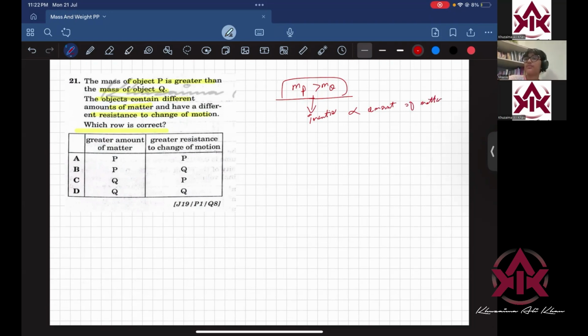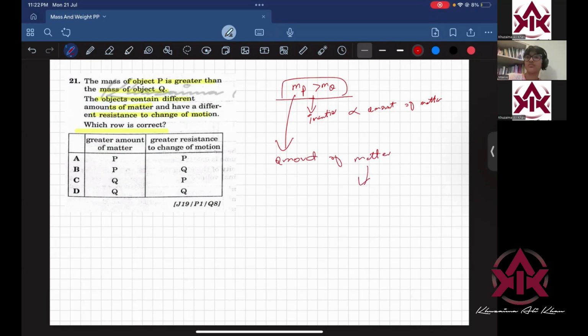From this particular data, what is your answer? Which object has a greater mass, P or Q? P, right? If P has greater mass, that means it has a greater amount of matter, and that also means it has greater inertia.